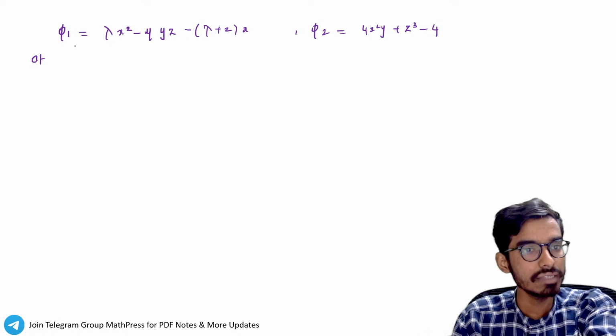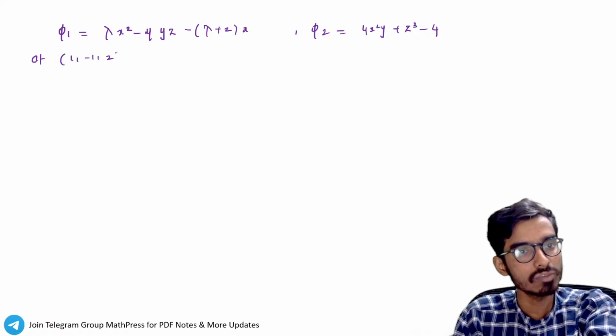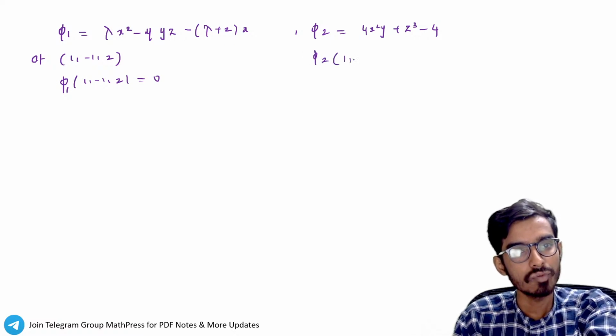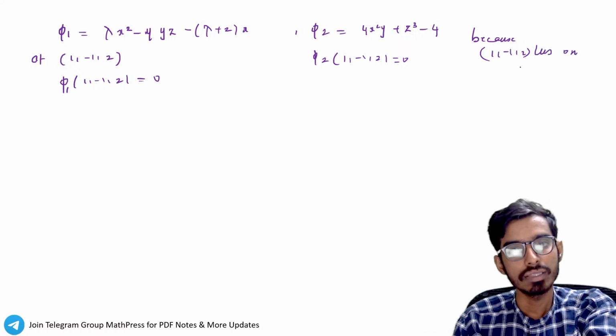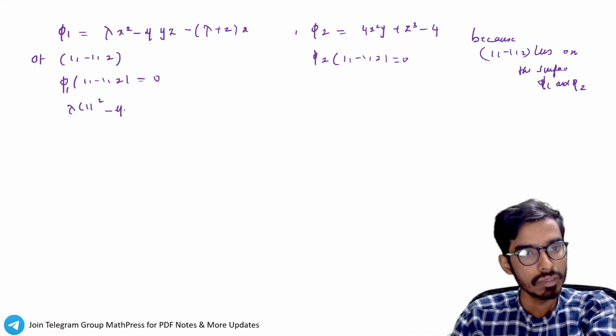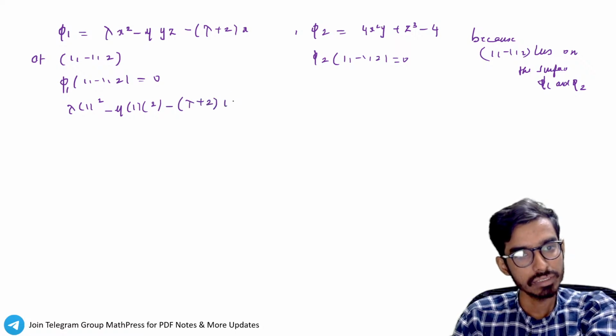Now that means it will satisfy this equation. Phi1 is a function of xyz, so phi1 of this point will be 0, and phi2 of this point will be 0, because (1, -1, 2) lies on the surfaces phi1 and phi2. Now substitute this point and equal to 0. So lambda into 1 square, minus mu into yz, minus (lambda plus 2) into x is 0.